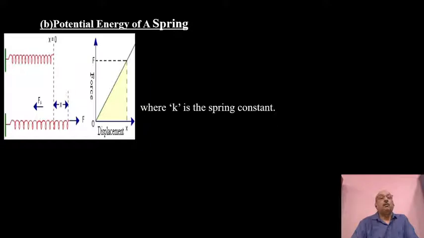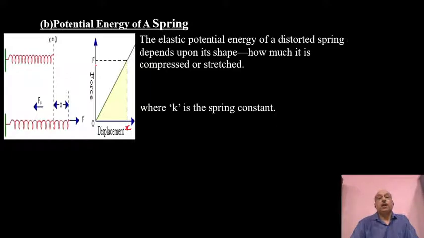Here we have a graph between the displacement x and the applied force F, and the restoring force is just opposite and equal to this F. And remember, K is the spring constant.